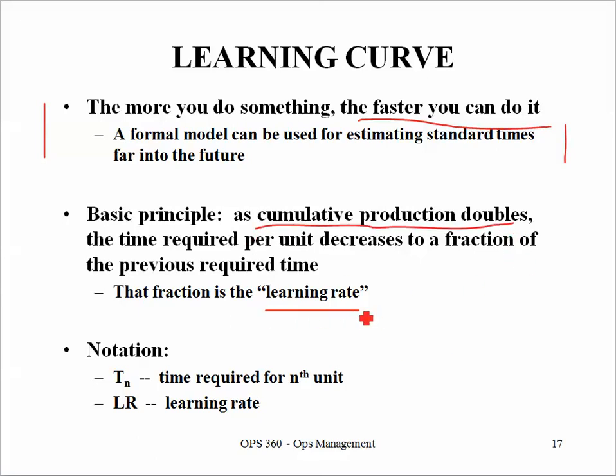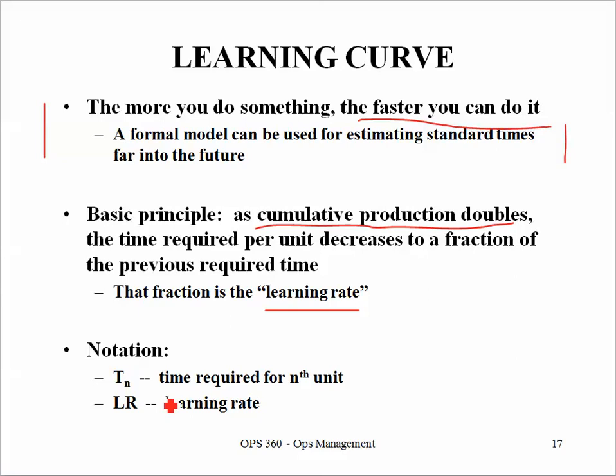And if I have a learning rate of say 90%, it should only take me 90% of 10 hours, or 9 hours, to make that product the second time. That seems overly simple, but actually this formula seems to work and is used in industry to predict time required to produce a unit of product into the future.